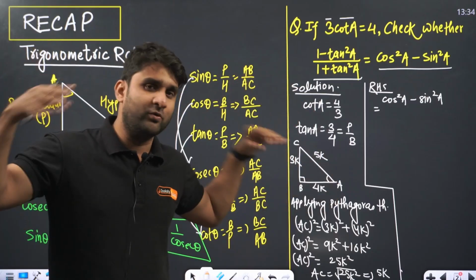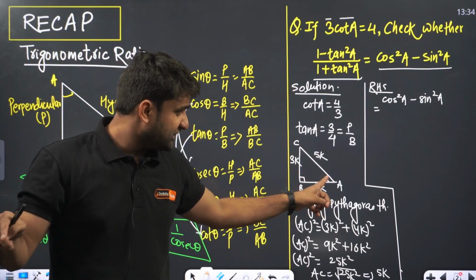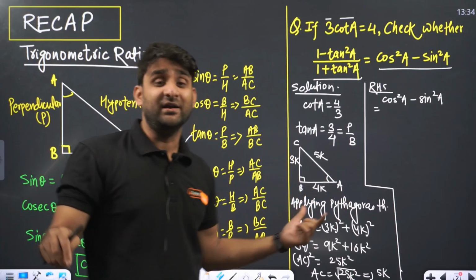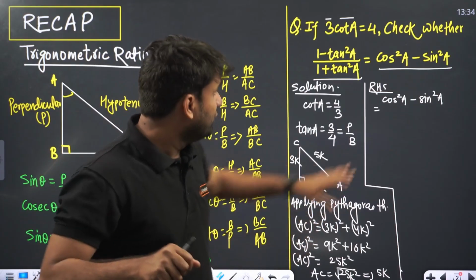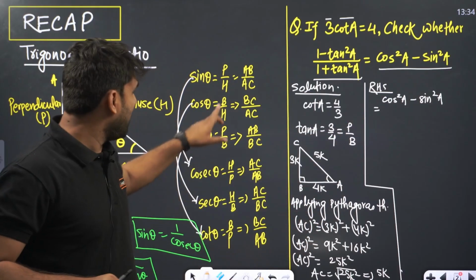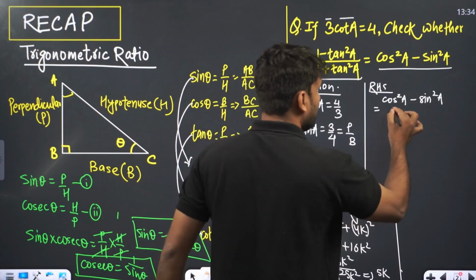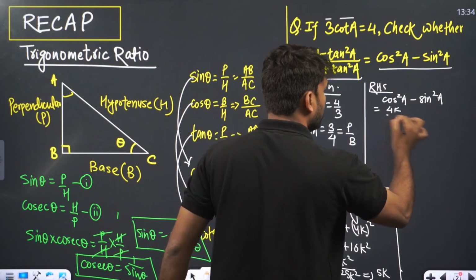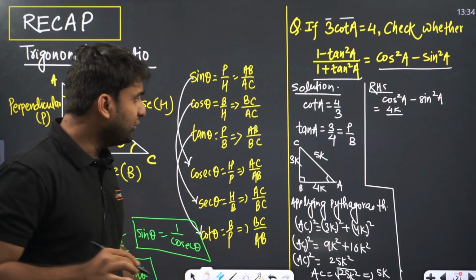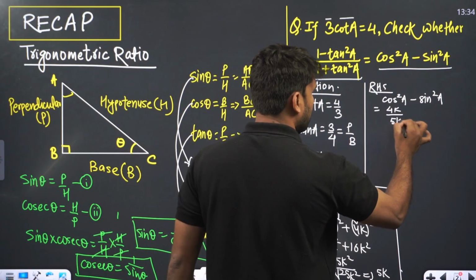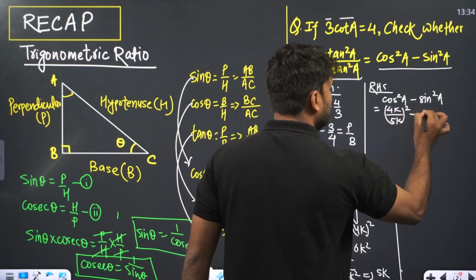Hypotenuse is king, no one can disturb the hypotenuse. The adjacent side is called base. So cos is base by hypotenuse, 4k divided by hypotenuse. Hypotenuse is 5k, as we have calculated, 5k whole square, minus sine.